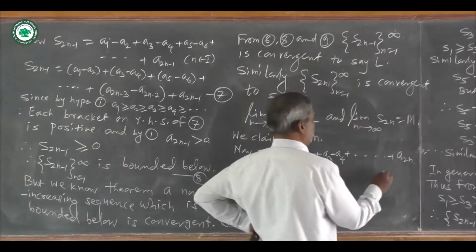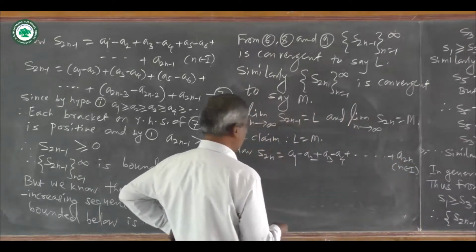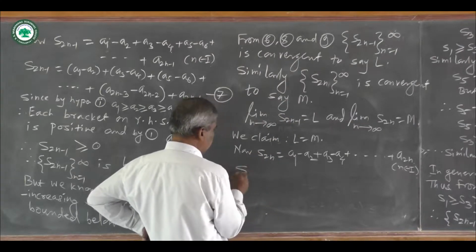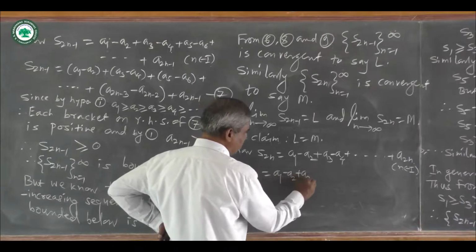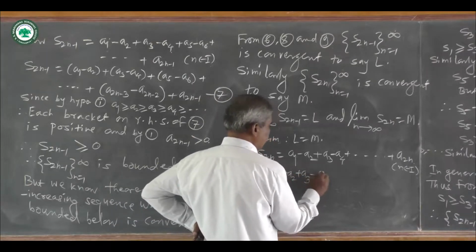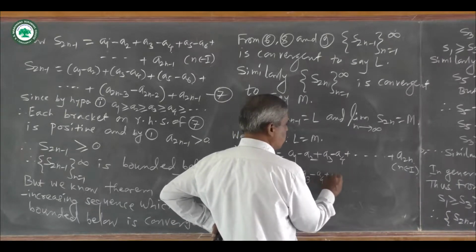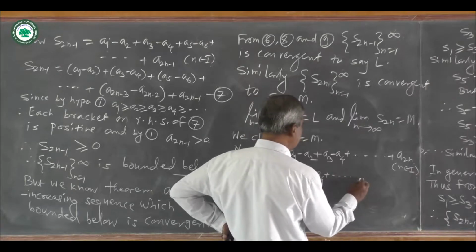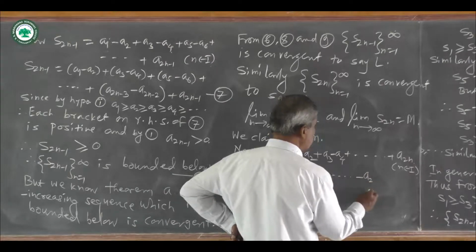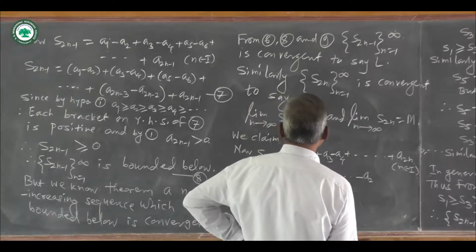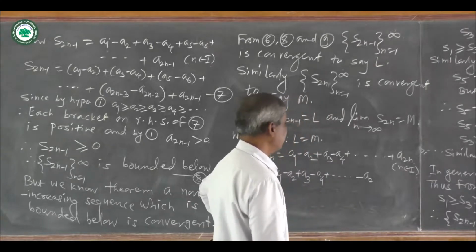For every positive integer n belongs to I, S suffix 2n is equal to a1 minus a2 plus a3 minus a4 plus and so on minus a suffix 2n, the sum of the first 2n terms of the series.